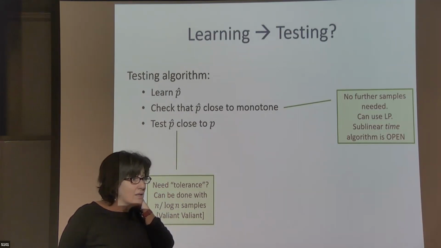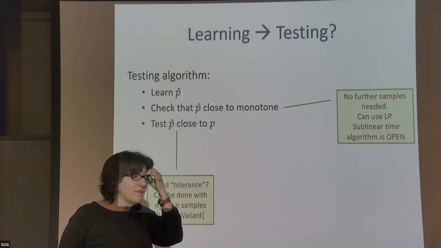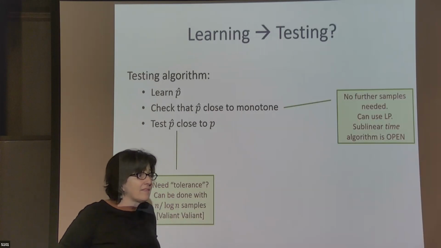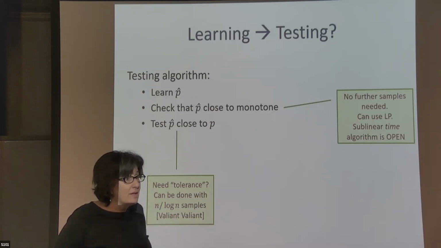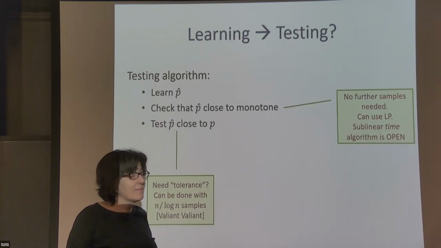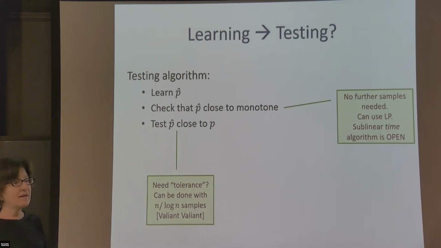No, that's going to take n over log n. Even testing closeness to uniform. No, but I'm not testing. I give you the exact distribution, and I want to compute how close it actually is to being a monotone distribution. Yeah, that actually can be done.